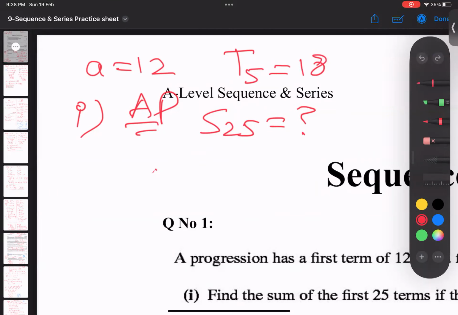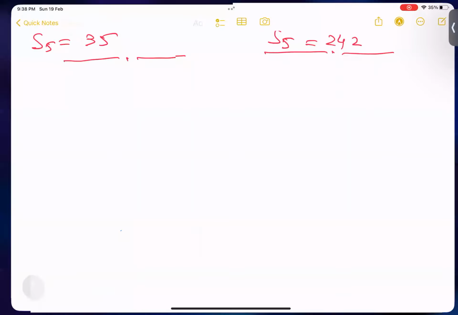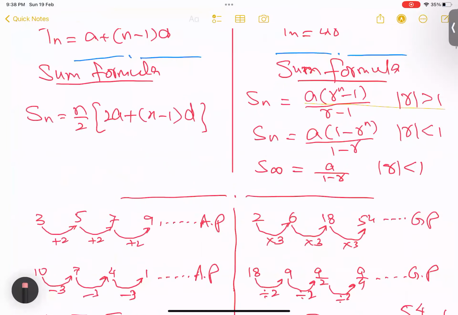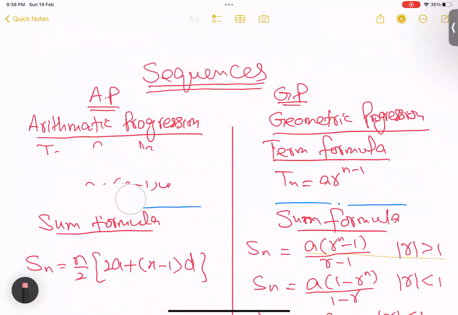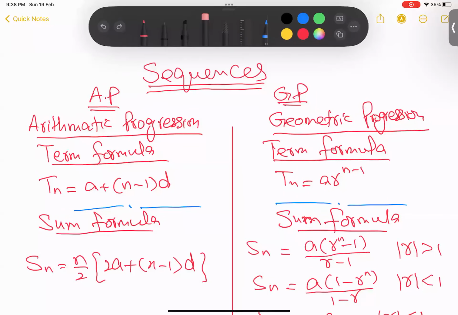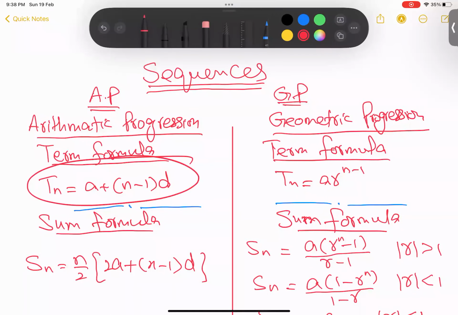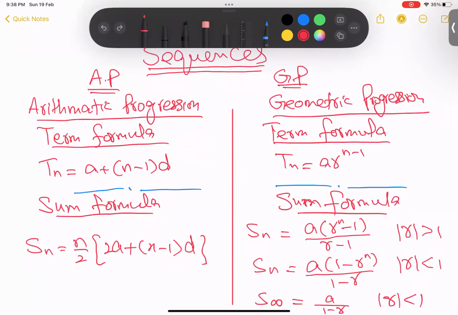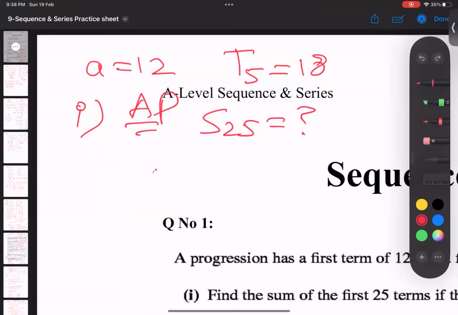As he gave the term formula, I will go for the AP term formula, and every person knows the AP term formula is this one. I repeat my words. AP term formula is this. AP sum formula is this. So as he gave us the term formula, I will use the AP term formula.